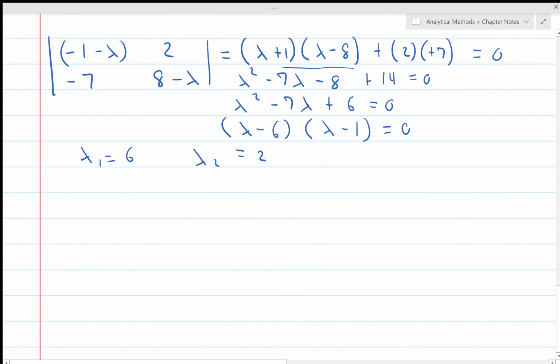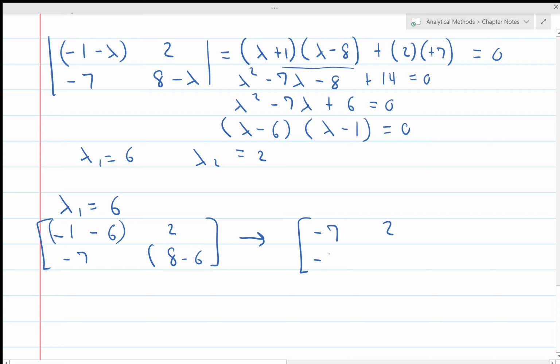Let's keep that. So lambda 1 is equal to 6, we'll start off with. Plugging that into my matrix, -1 minus 6, -7, 2, 8 minus 6. That's going to simplify into -7, 2, -7, and 2.